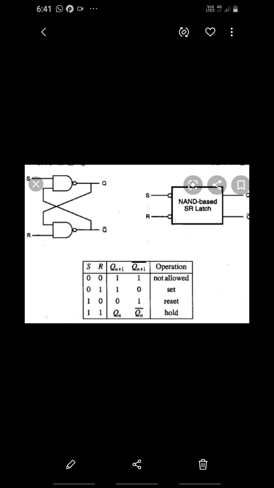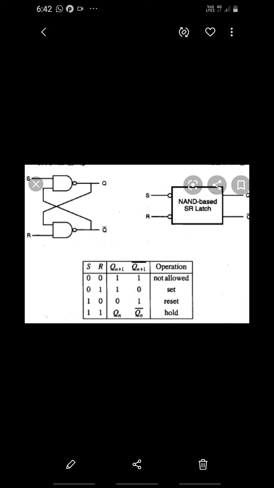When both R and S inputs are low, the output is invalid. The truth table of the RS latch by using NAND gate is shown in the above PPT. So when both inputs are 0 0, then the operation is forbidden, means not allowed.